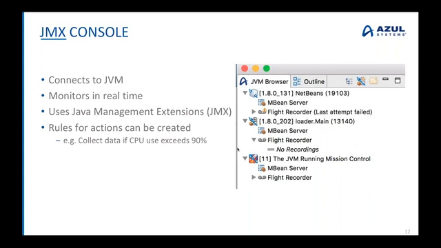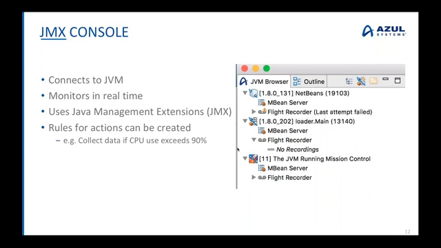From the point of view of NetBeans, as you can see there, it says flight recorder last attempt failed. When I was running NetBeans, I thought to myself, maybe I'll try and see if I can actually gather some information from NetBeans. But I hadn't realized that the version of the JDK that I was using was the Oracle JDK, and I hadn't turned on the commercial features. So flight recorder wasn't available by default.